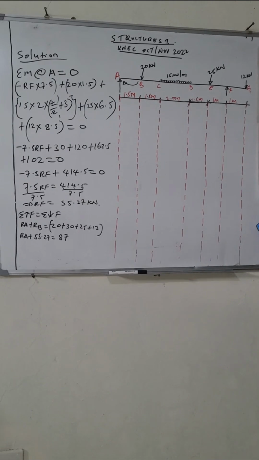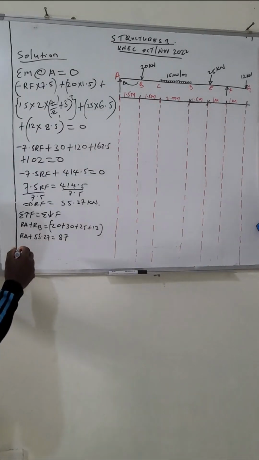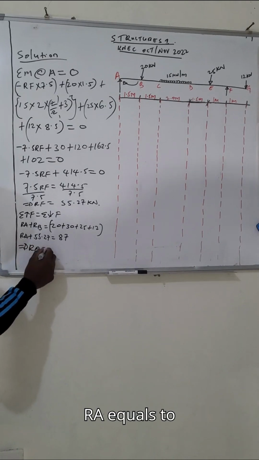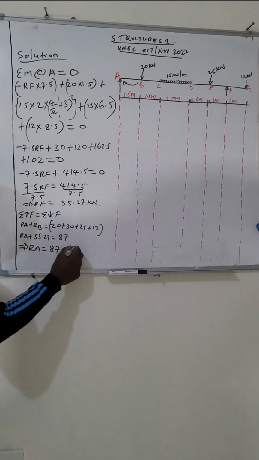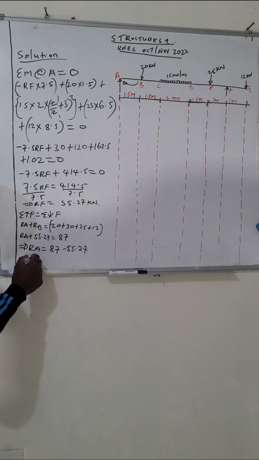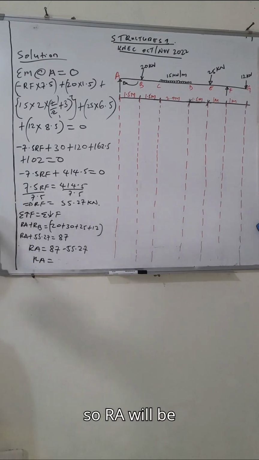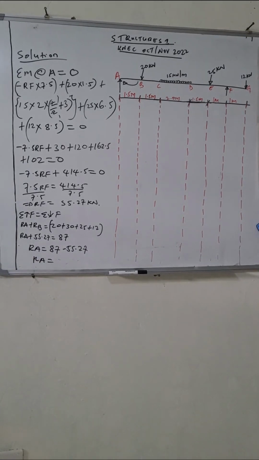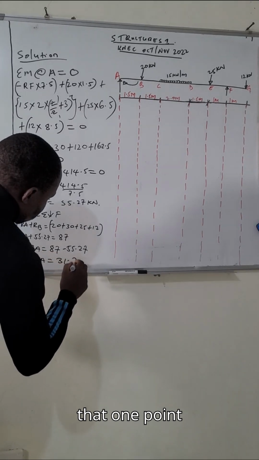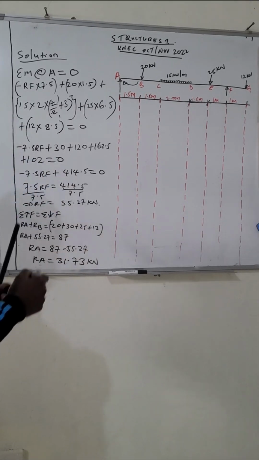Which implies RA equals 87 minus 55.27. So RA will be 31.73 kilonewton.